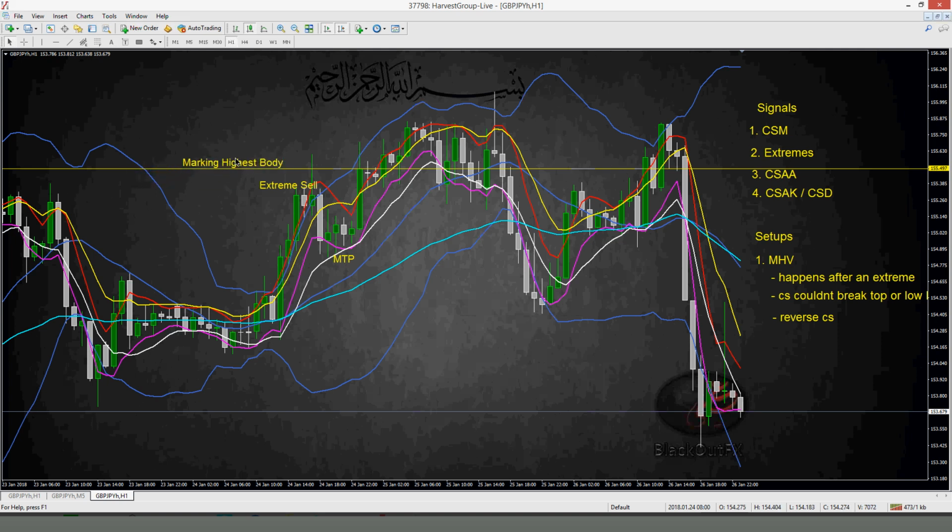So we know that we need to wait for the retest. Let's say for example that this is the reverse and this is now the retest. During the retest, when the candle went up, as long as it doesn't break top BB, then that is the condition where you can still hold your positions.